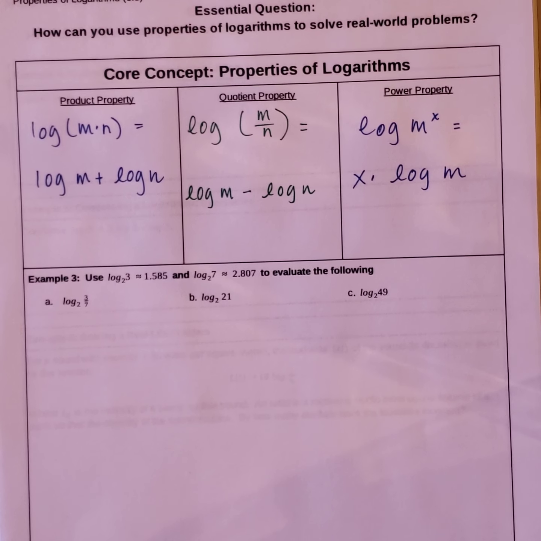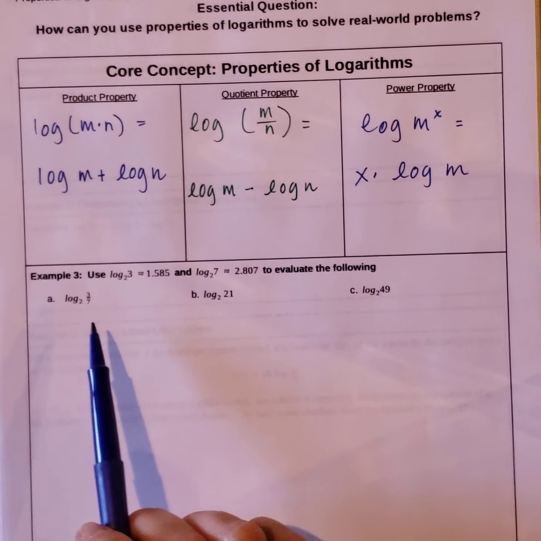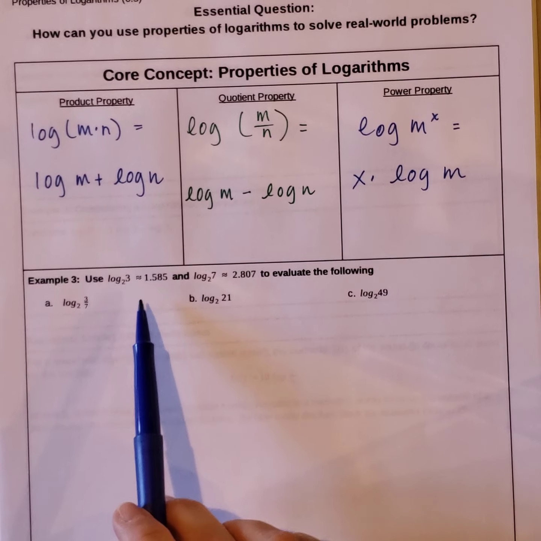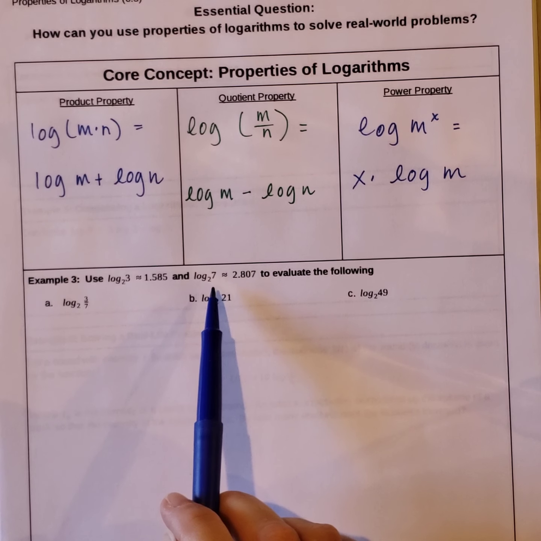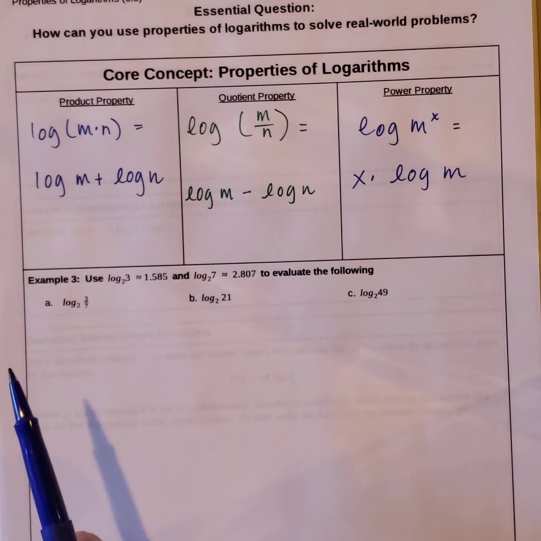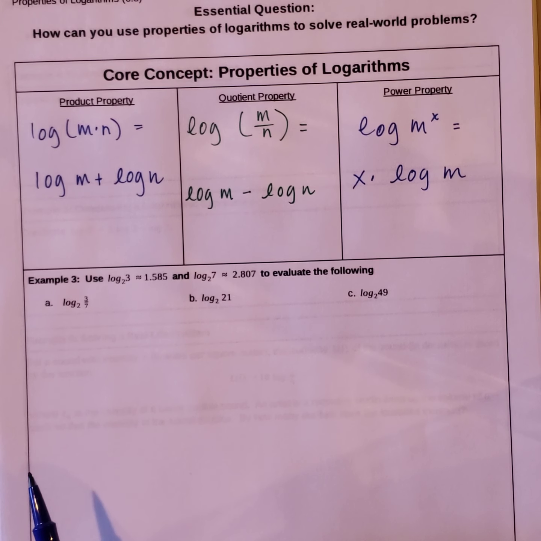Quite often when we're working through these sorts of problems in your assignments, you'll be given values. For example 3, it says use log base 2 of 3 is approximately 1.585 and log base 2 of 7 is approximately 2.807.